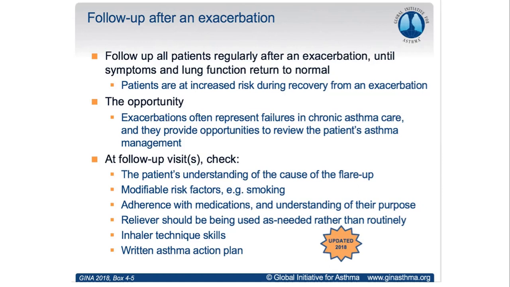Follow up after the exacerbation. Patients are at increased risk during the recovery from exacerbation. As we said, the mortality rate is highest in the first 28 days, so we have to give close monitoring, follow up, and an asthma action plan. If the patient is a smoker, it is a modifiable risk factor, so advise smoking cessation, adherence to medication, check inhaler techniques, and asthma action plan.